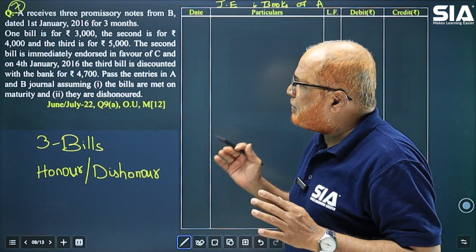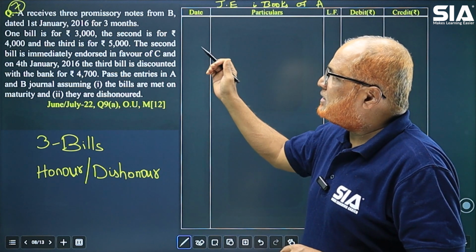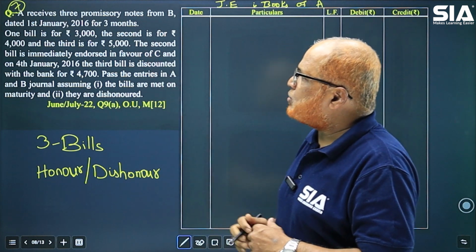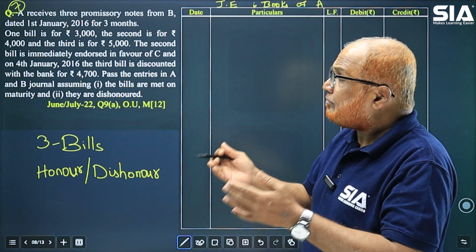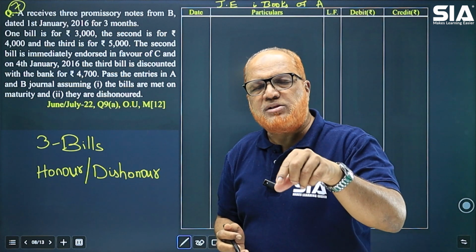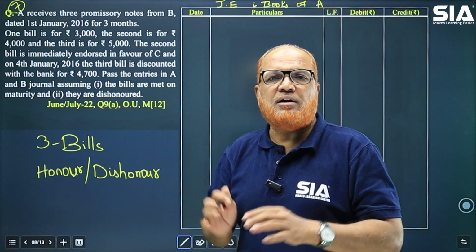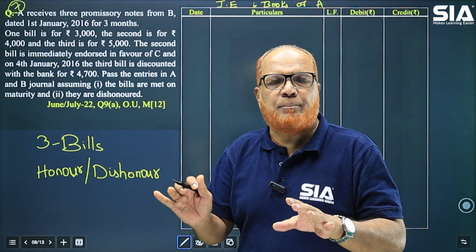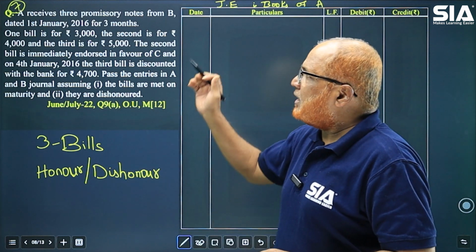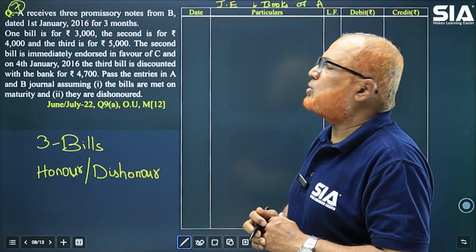So the problem is A receives three promissory notes from B dated 1st January 2016 for 3 months. A receives three promissory notes. Whether it is a promissory note or bill of exchange, the terms used will be same. That is bills receivable or bills payable, right? So here A receives three promissory notes.